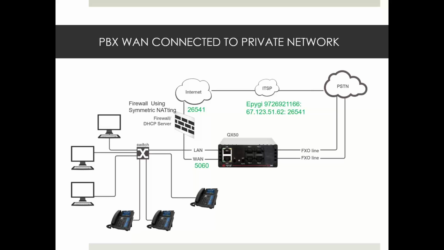So there's a couple things that have to take place. One is that port, the 26541, has to be kept open. If that's the port that's going to be used by the firewall, it has to be open at all times.